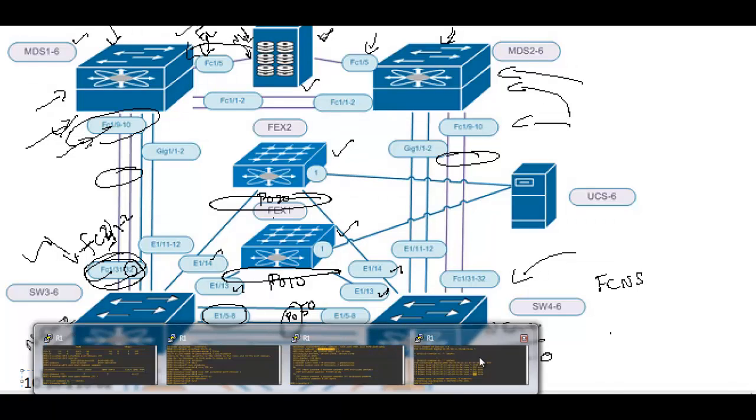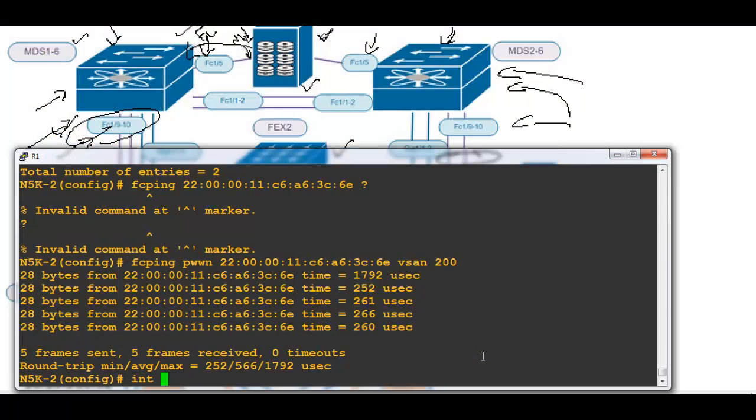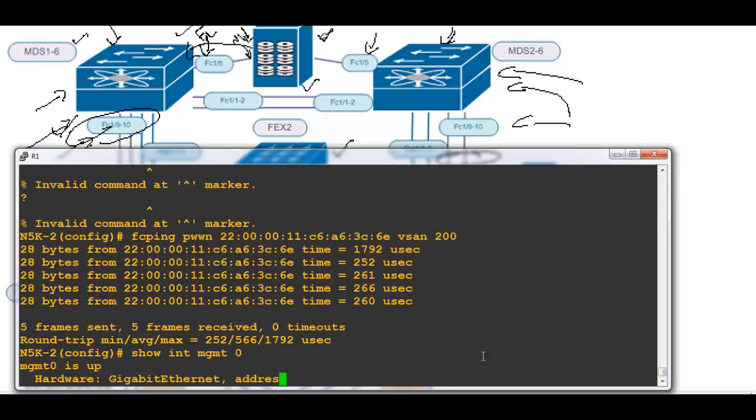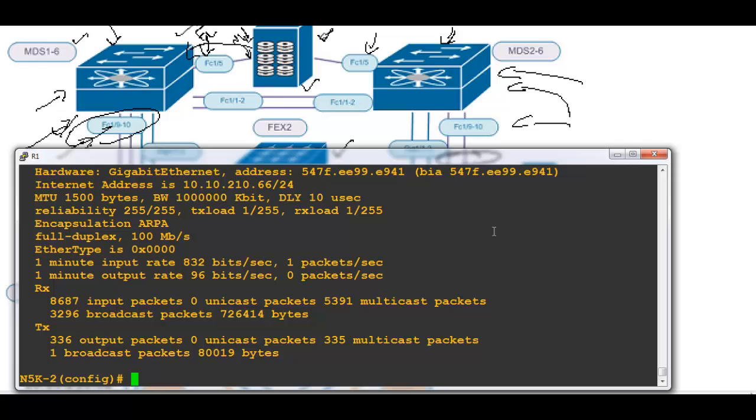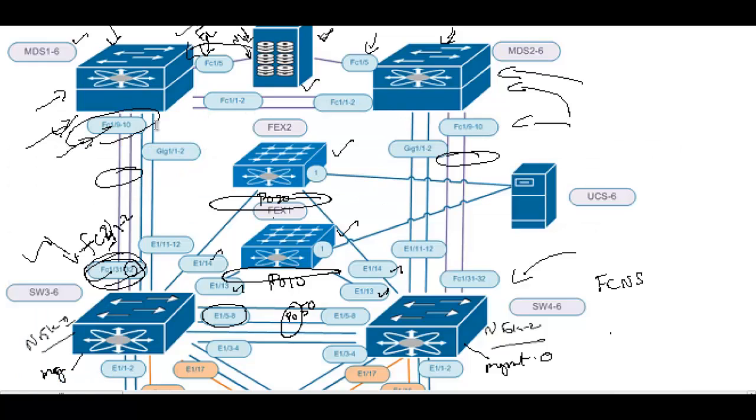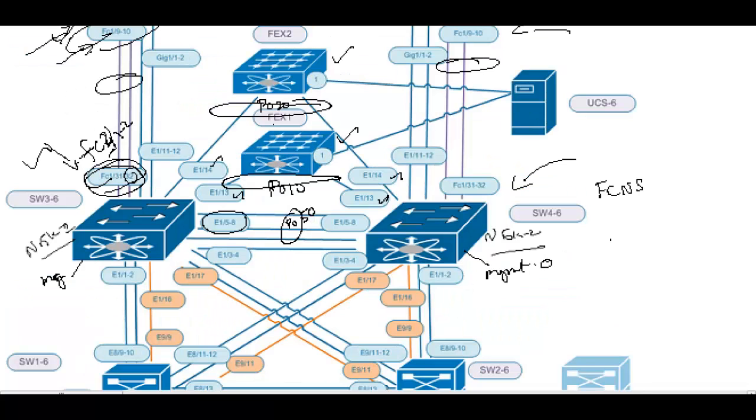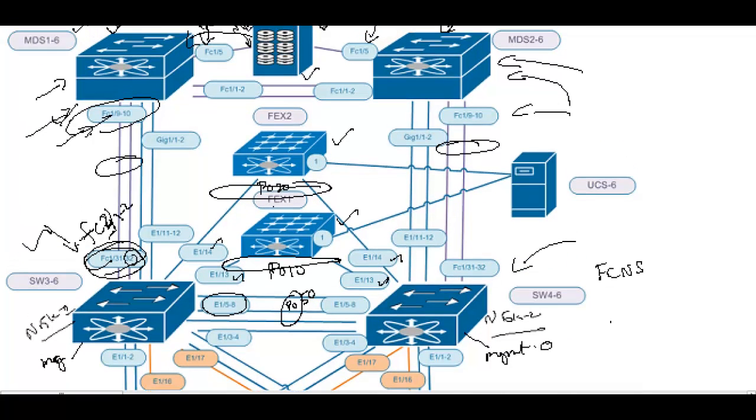Let's see what is there in 5K2. Show interface management 0. Here it is 66. What happened? I pasted here, it has gone now. I'll write manually.